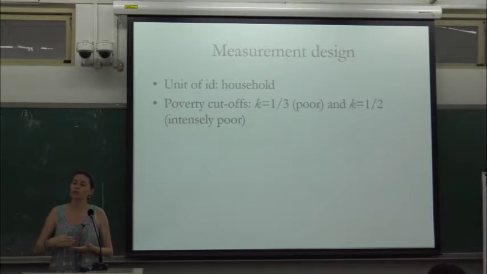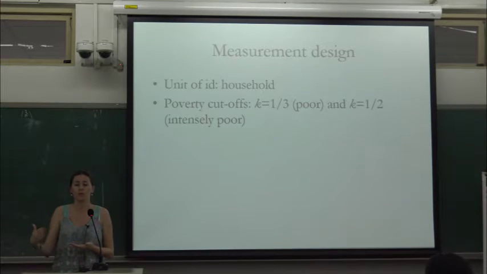But then they are also using a second cutoff, or a second poverty line, to identify people that are living in extreme poverty, and that's when households are suffering from deprivations in half of the weighted indicators or more. So if households are deprived in 50% or more of the weighted indicators, they are considered to be extremely poor.